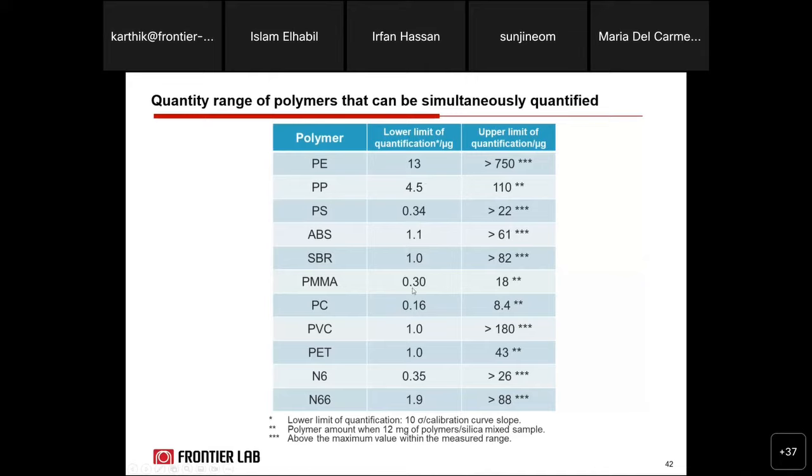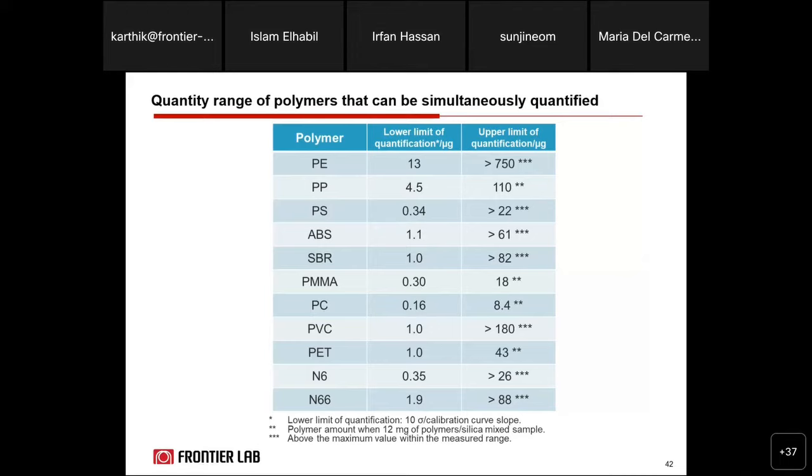The quantification limit is calculated based on 10 sigma of our multiple analyses. So if you are interested in 1 microgram to 100 micrograms mass-based analysis of microplastics, this is already a good method to be followed.